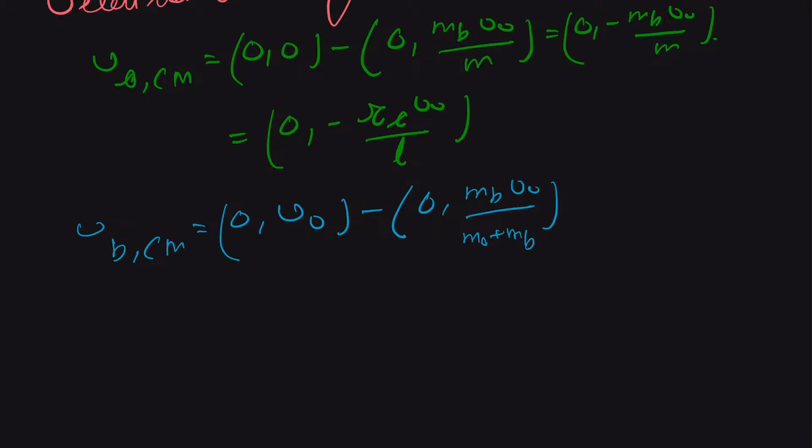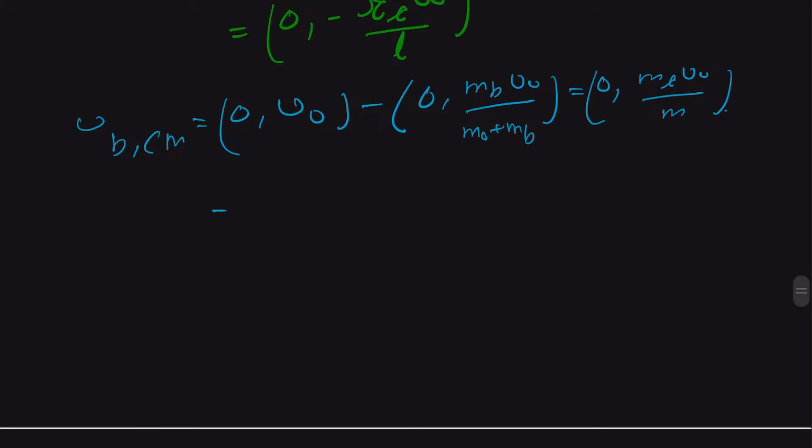So if we subtract them, MB cancels out, and this comes as 0 comma MA V naught divided by M, which we can also say as 0 comma RB V naught divided by L. So we got the velocity of A as well as the velocity of B with respect to their center of mass frame.